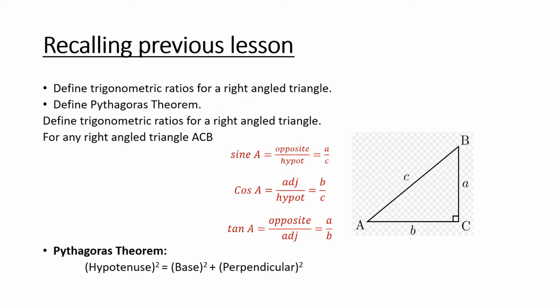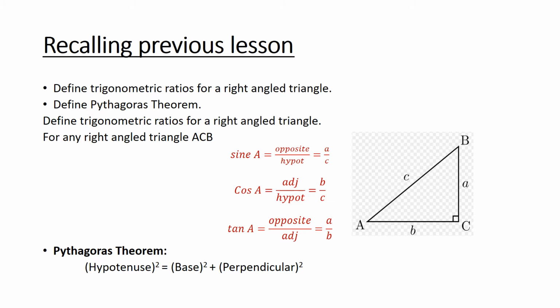Dear students, in the previous lesson we have learnt that for any right angle triangle, sin A is the ratio of opposite over hypotenuse, cos A is the ratio of adjacent over hypotenuse, tangent A is the ratio of opposite over adjacent, and we can also find the unknown length of the right angle triangle using Pythagoras theorem.